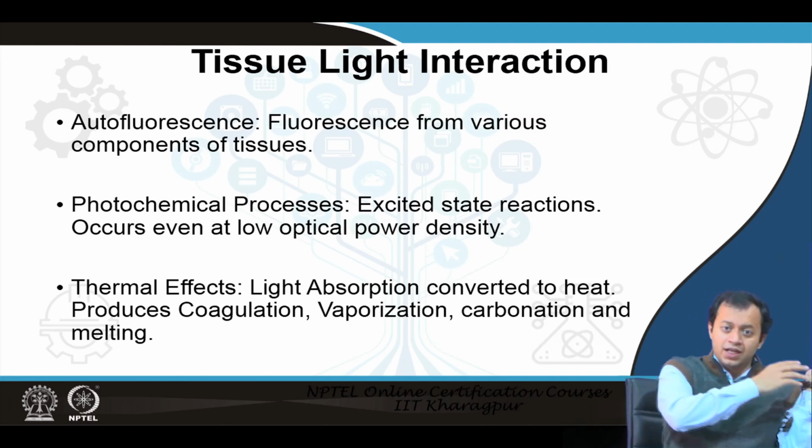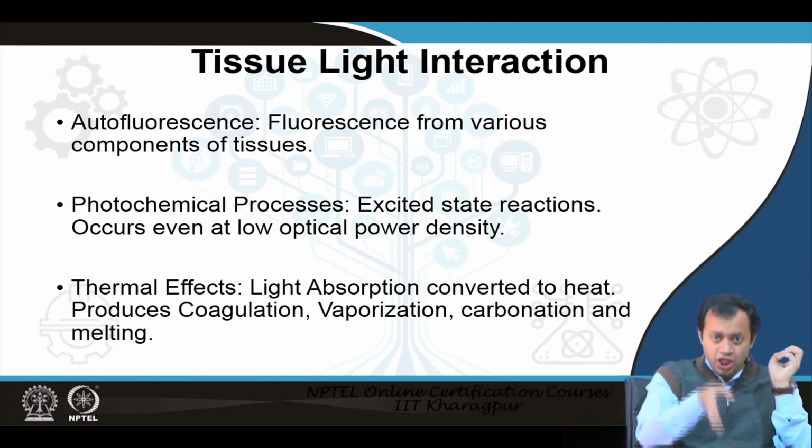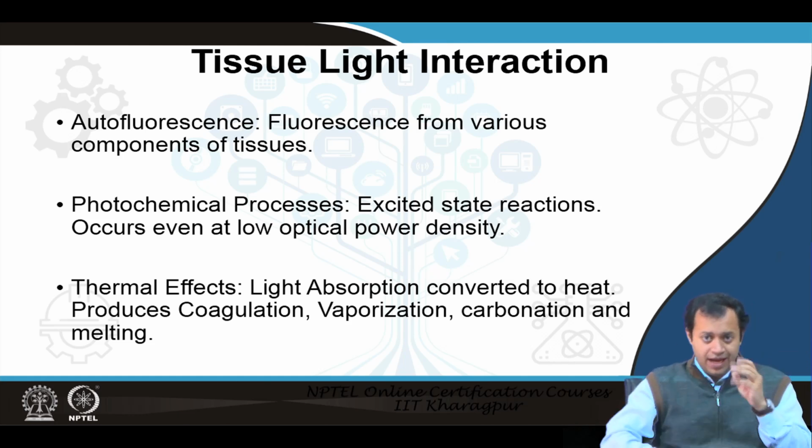It is not something native to it. You have changed the tissue while putting it under the microscope. It is your work, it is your effect. That might cause problems when you try to make big discoveries that this thing happened or that thing happened. So be aware of photochemical processes because of the low optical power density.